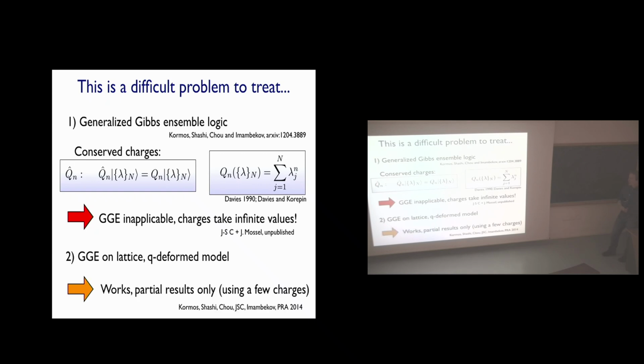And here you can apply GGE logic, but you cannot obtain the GGE to the level of exactitude that you would like. You can only do the first few charges, and by the time you've done the sixth charge, you've run out of gas, and you think, life is short, so you give up. This was a collaboration with those people just after Adilet had passed away.